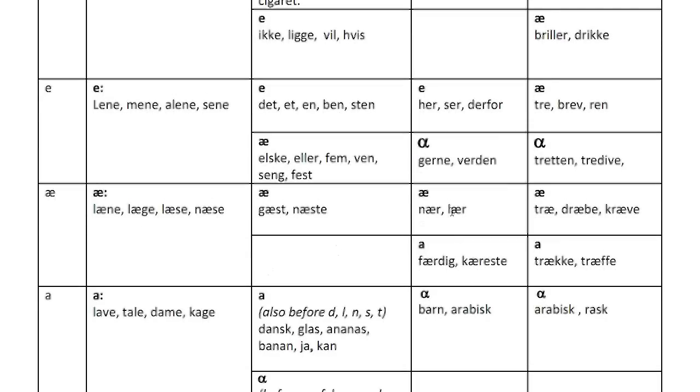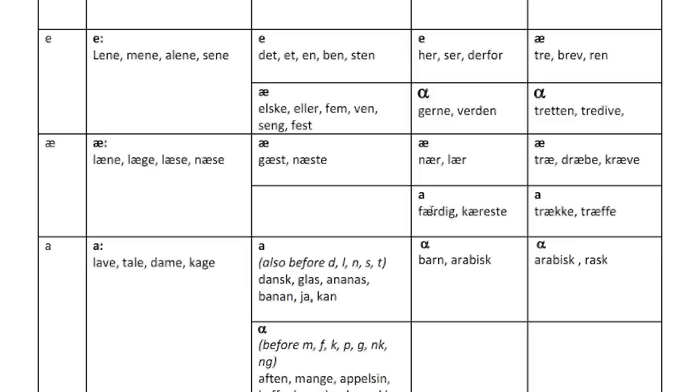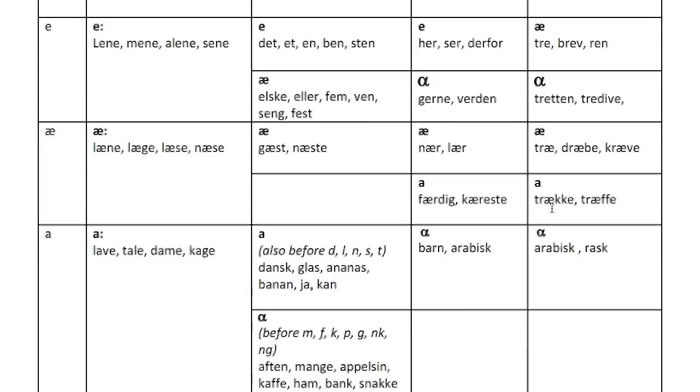Then it can sink down before R and can be more open, just as the fourth one. For example, færdig, kæreste. And then after R, it can be either the same, træ, dræbe, kræve, or it can be more open, trække, træffe.